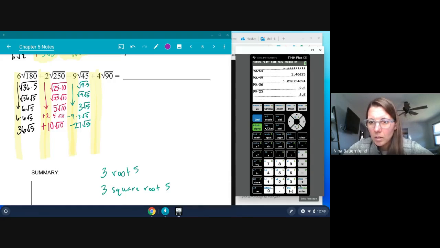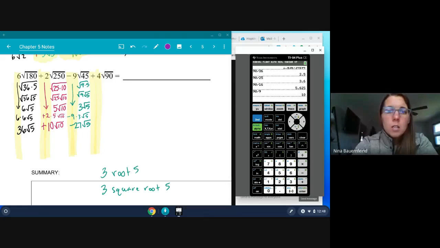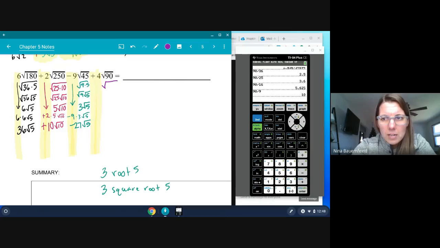Just keep on keeping on. They all are coming out as decimals. Oops. Okay, so that one finally worked. So we'll turn 90 into 9 times 10 and then split that.